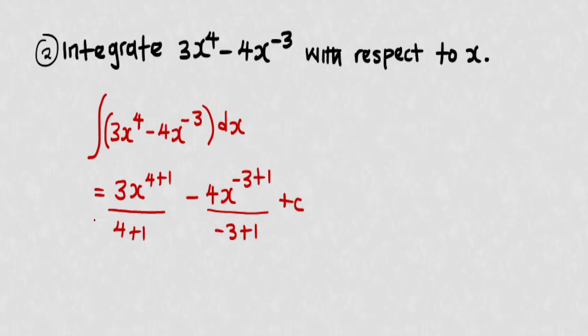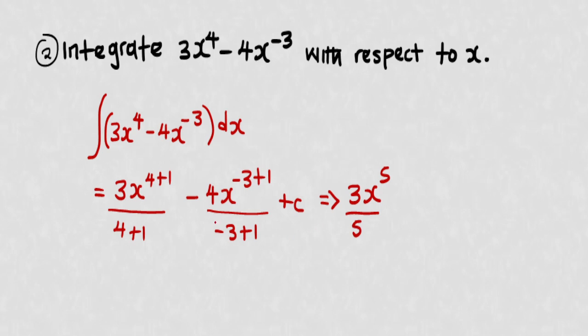So now how does this proceed? This is going to proceed as follows. So this is equal to 3x, 4 plus 1 is a 5, then 4 plus 1 is a 5 below, like that.